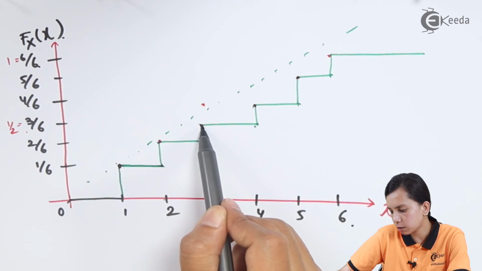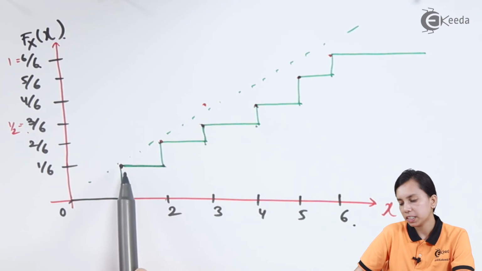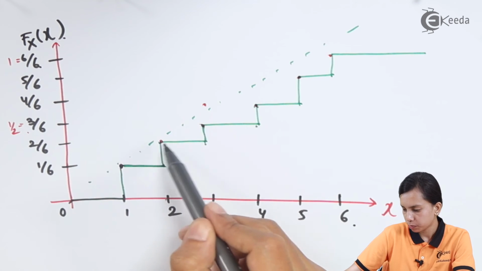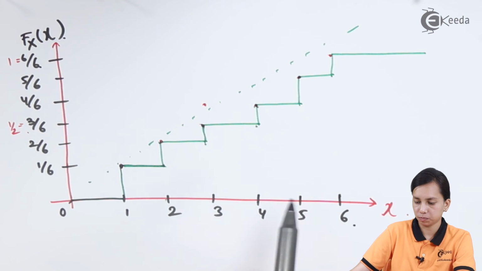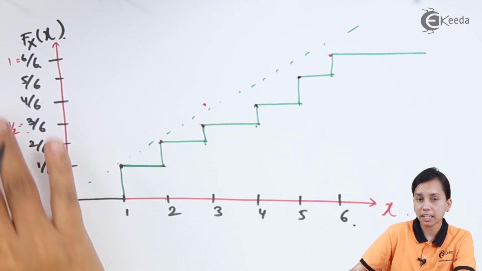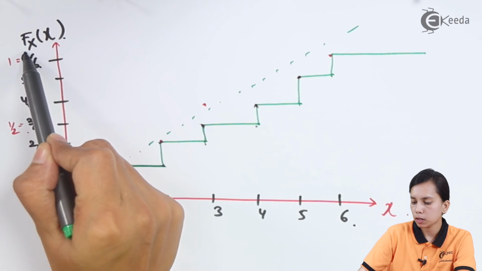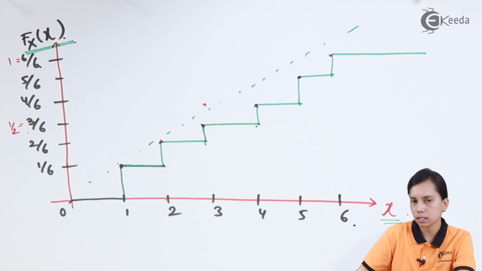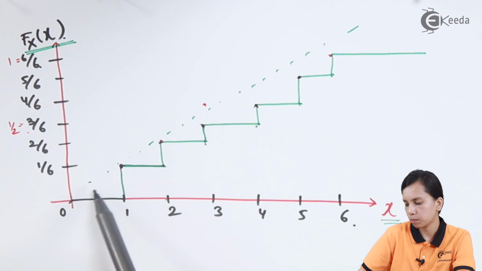Similarly after 3 it will take a jump. So between 1 and 2 the probability is constant and it changes at 2. Similarly at 3, at 4, at 5 and at 6. This is how we can represent the CDF F_X of x, or CDF for a dummy variable x, which is showing us that this CDF is an increasing function.